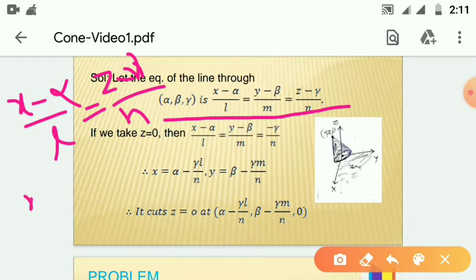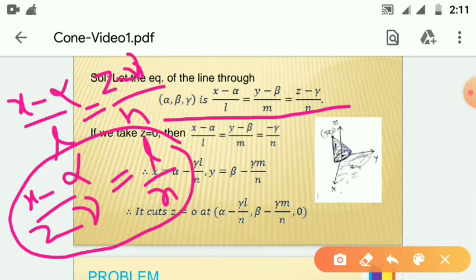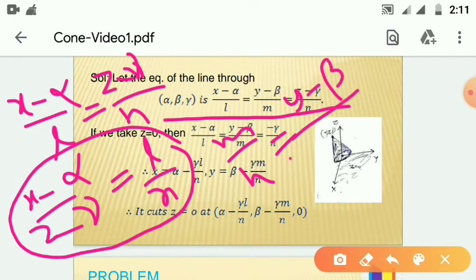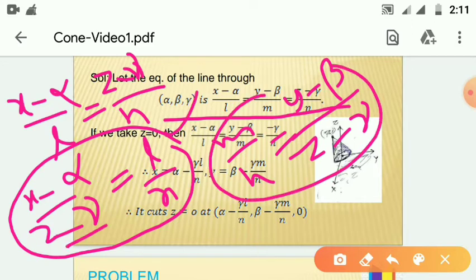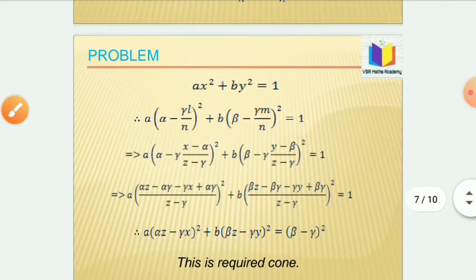Therefore l by n is equal to (x minus alpha) by (z minus gamma). In a similar way, m by n is equal to (y minus beta) by (z minus gamma). Using these values of l by n and m by n in this equation, we will get like this.